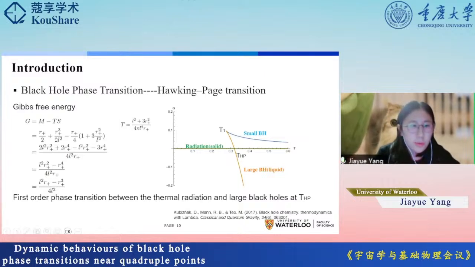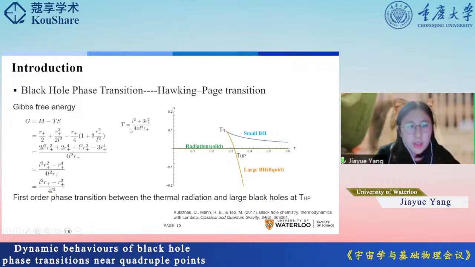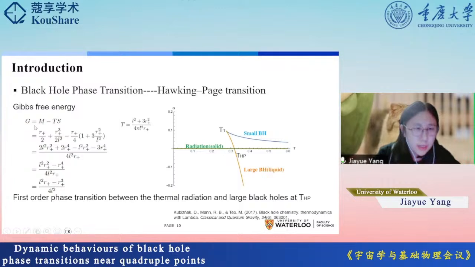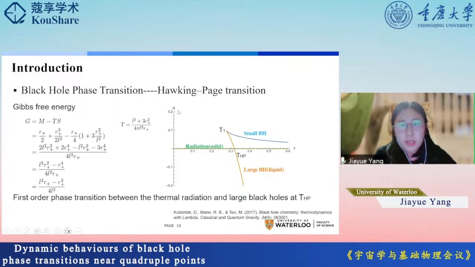And we can write it as a function of the horizon radius r plus. We also know that r plus is related to the Hawking temperature T. So we can express the Gibbs free energy as a function of the temperature so that we can plot the Gibbs free energy versus temperature diagram.